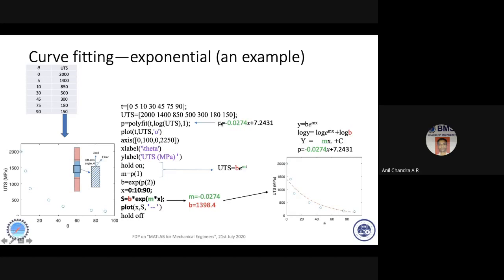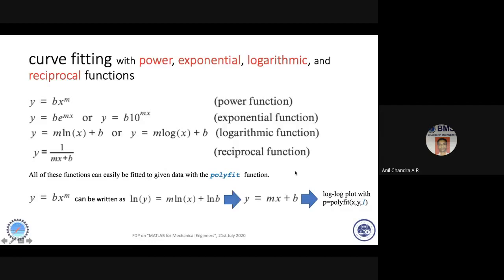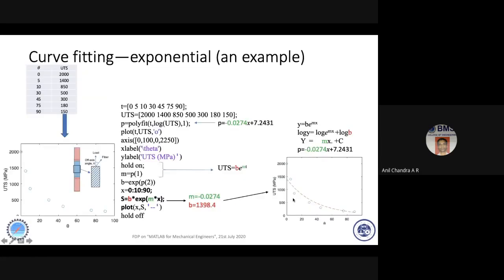But I told you in my previous slide, if you have this expression, you can bring it down to logarithmic and then plot log x, log y. The slope of that line is m and the intercept is ln b, right?